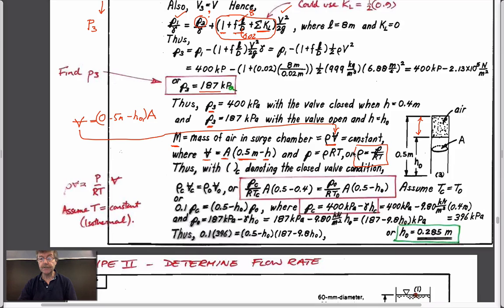If we substitute that into this expression here, then the mass being constant is equal to the density of the air when the valve is closed times the volume when it's closed, and the density of the air when it's open times the volume when it's open. Both will be different, but they have to equal each other. And if we substitute in the ideal gas law into this, we end up with this expression here.